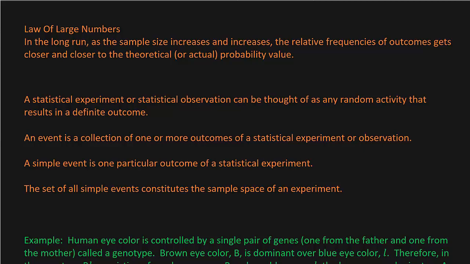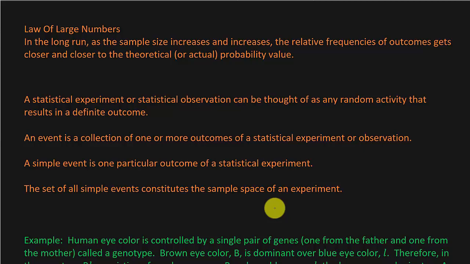It's random how it's going to fall. An event is a collection of one or more outcomes of a statistical experiment or observation. A simple event is one particular outcome of a statistical experiment, and the set of all simple events constitutes the sample space of an experiment.